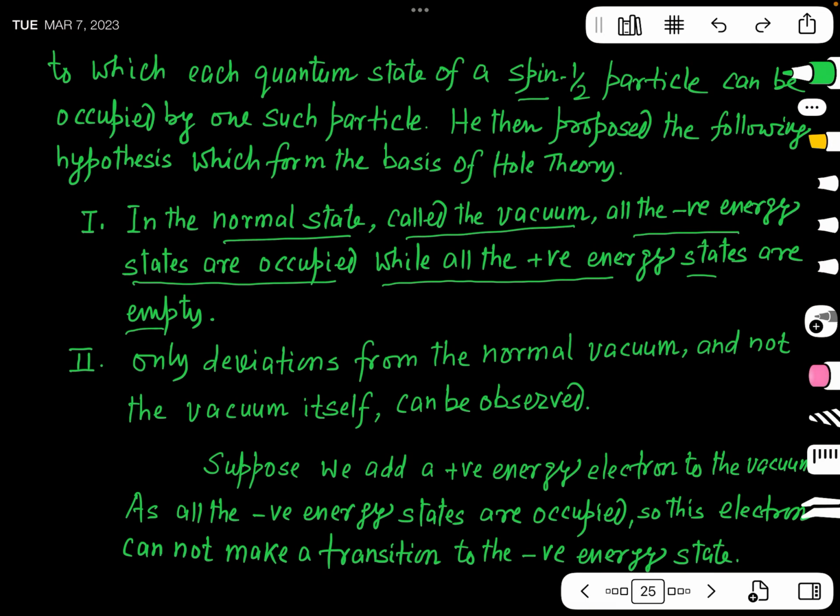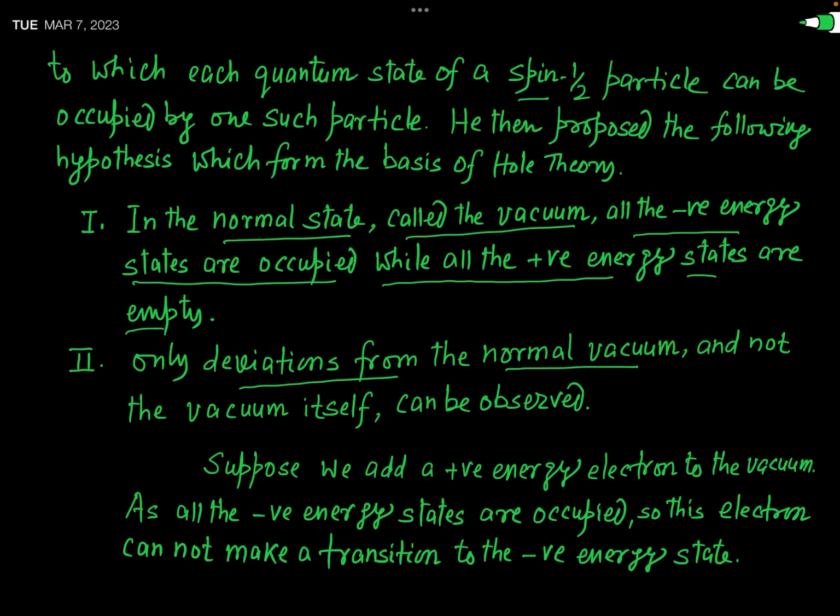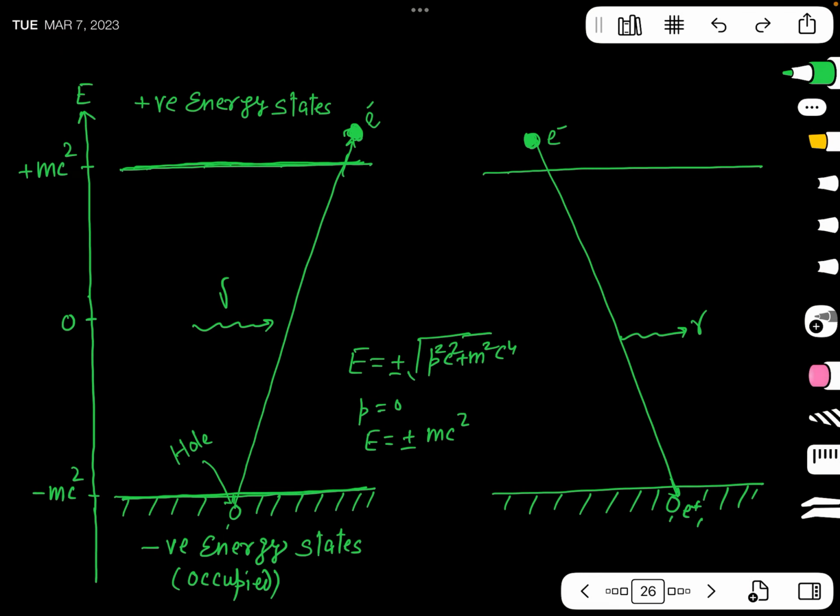Now, the second postulate says that only deviations from the normal vacuum and not the vacuum itself can be observed. It means this negative energy state is not directly observed, but when there is any type of change in this negative energy state, that change can be observed.